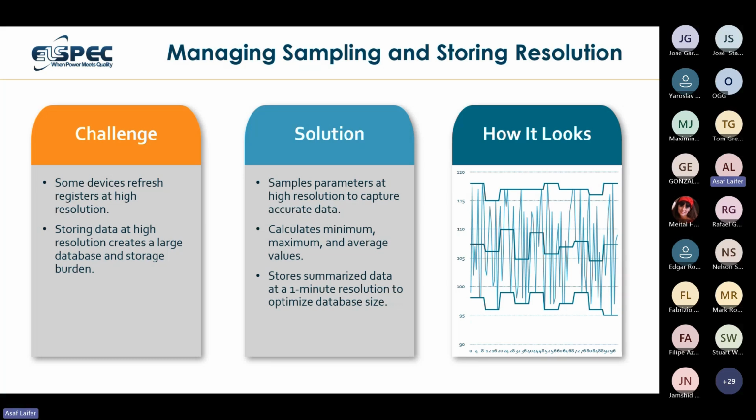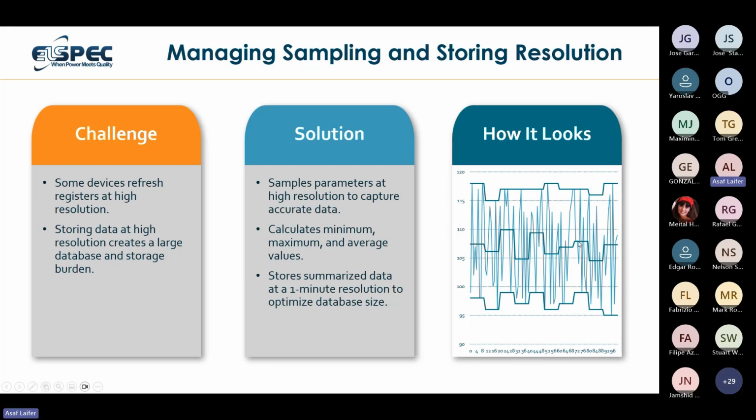So the storage capacity is reasonable. One point every minute is not a lot, it's not a huge database. You do know what happened in between because you see the minimum and maximum values that happened within this minute and also the average value. And this is how we attack it.